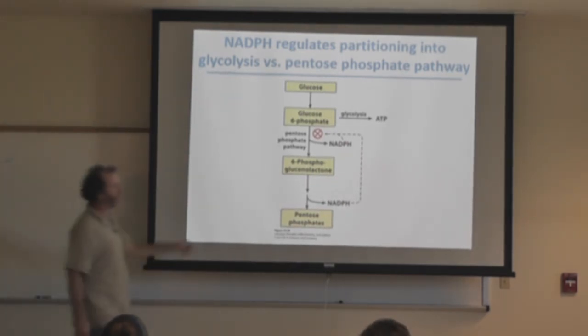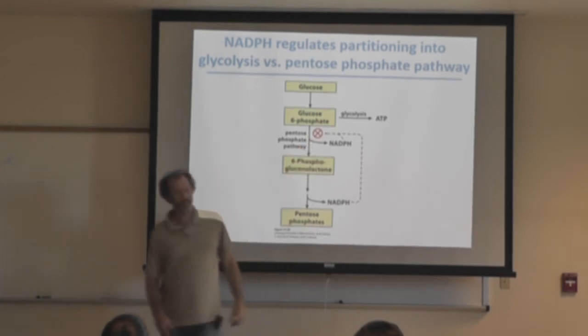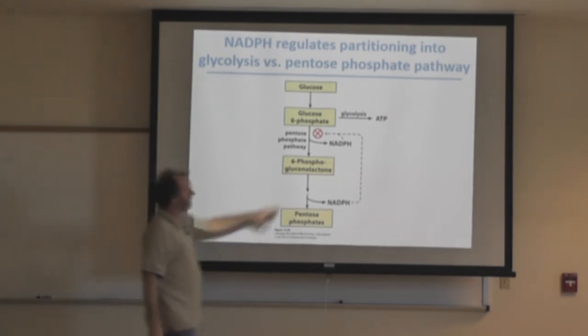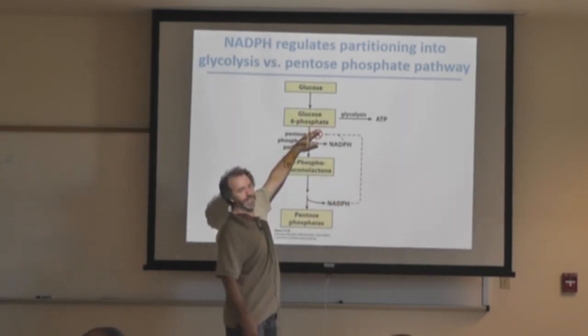Does anybody know what kind of inhibition this is called? Substrate inhibition. So feedback. Feedback inhibition. Desensitization is where you have a receptor that then gets internalized and it gets taken out of that pool. This is actually enzymatic, where one of the end products of a long pathway inhibits the entry into that pathway.